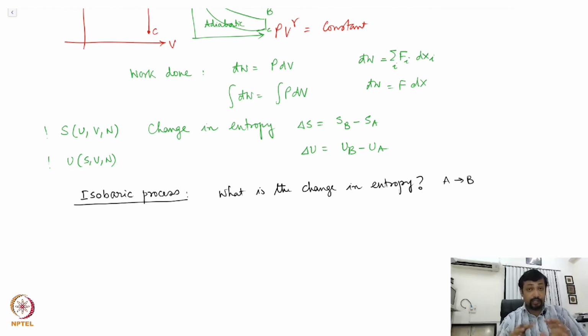I am not constraining myself to an ideal gas, but to any arbitrary system. The answer is very simple, and here partial calculus helps us. Entropy is a state function. Therefore, here you see that I have an isobaric process. In the isobaric process, the pressure is held constant. Therefore, the temperature and the volume can change for a hydrostatic system.